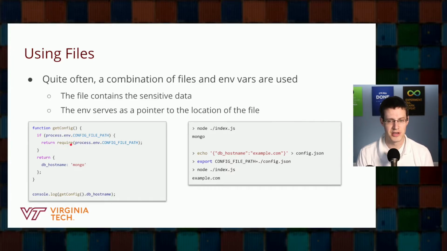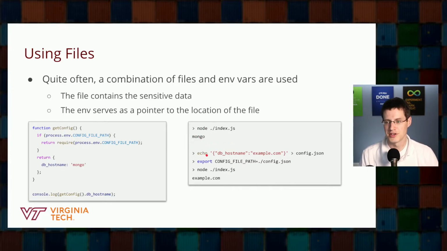In this case, it's going to be a JSON file, and whatever is in that file is the configuration for my application. Otherwise, I'm just returning a default set of configuration, in this case, db_hostname. This file is going to call getConfig and then output the db hostname. In this case, the default is just mongo, and so I see mongo.